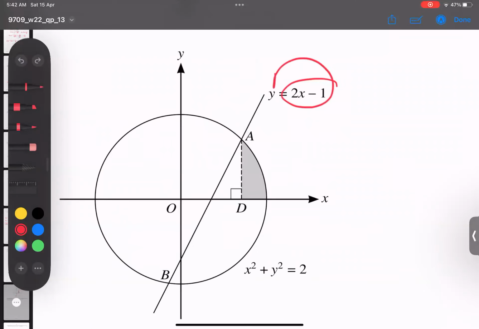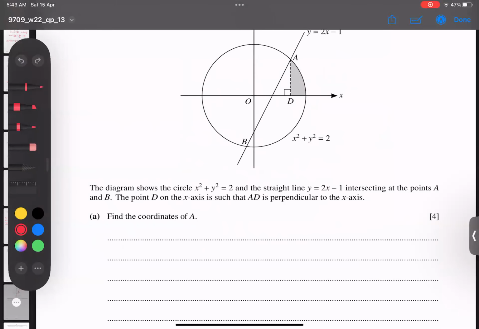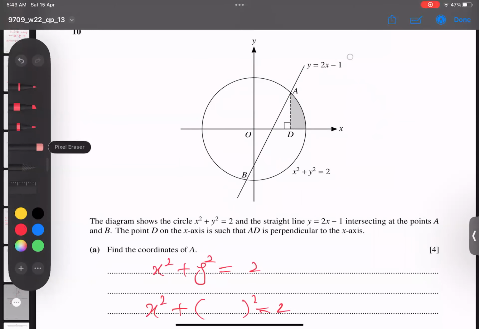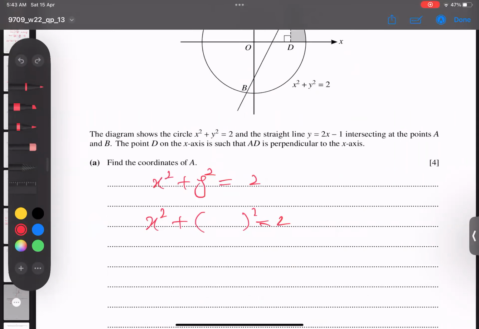This is the y value, I will plug in here. So get ready. X to the power 2 plus y to the power 2 equals 2. X to the power 2 as it is, plus y to the power 2, equal to 2. But this y value, I will pick from the top. So this 2x minus 1, I'm copying in the bracket. 2x minus 1.